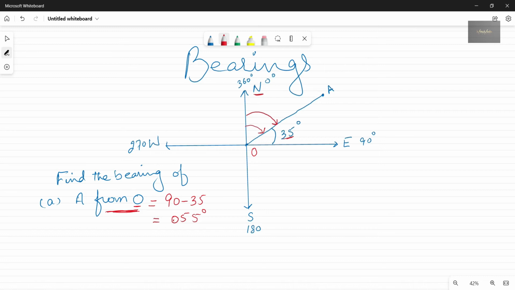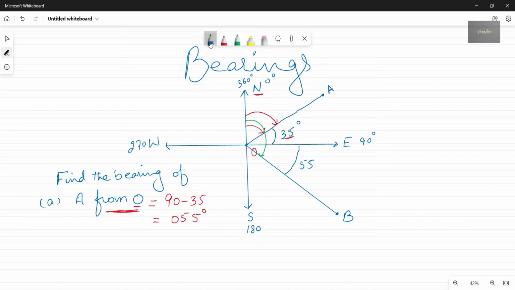Similarly, let's take another point which is in this direction. Say it is B, and suppose this angle given is 55 degree, and we need to tell the bearing. As I told you, bearings are always measured from the line of north, so the bearing angle will start from the line of north, complete 90 degree till here, and then this extra angle should be added. So you can guess what the answer is.